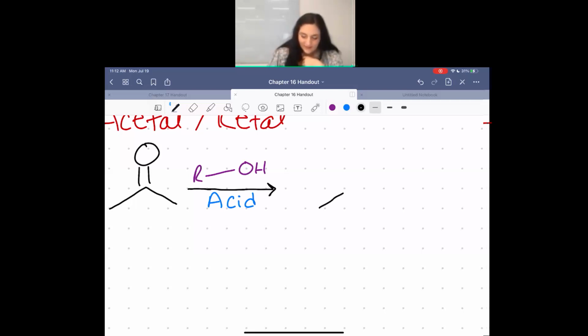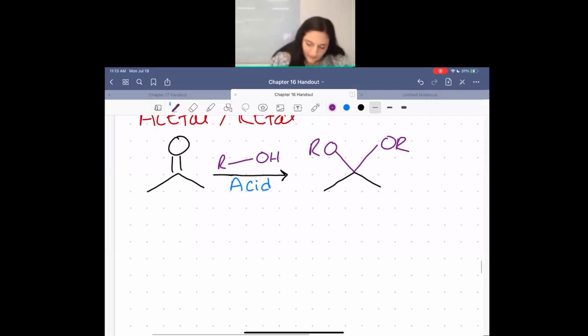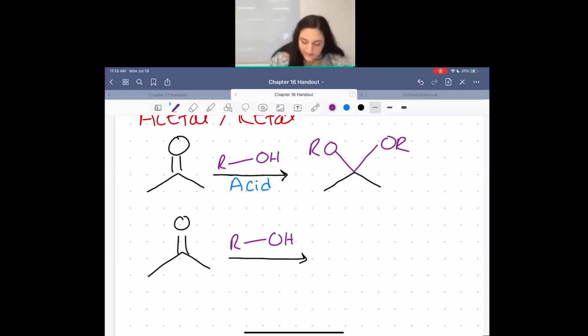In this case, we get the ketol. And someone mentioned this earlier. The ketol is basically two OR groups. However, if we have a ketone with, let's say, base or no catalyst, what are we going to form instead?